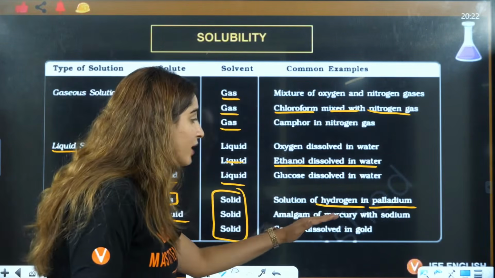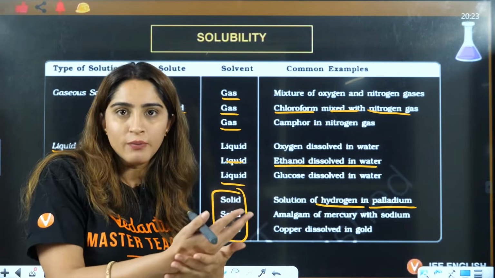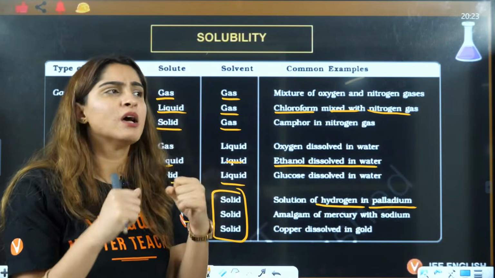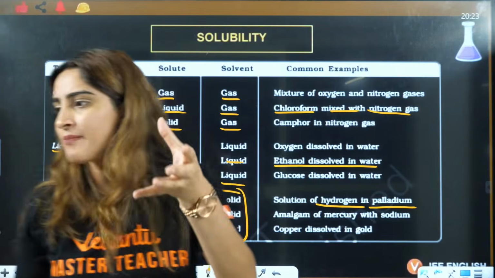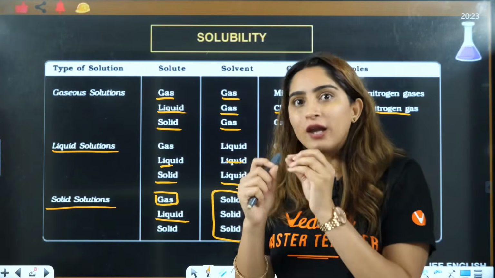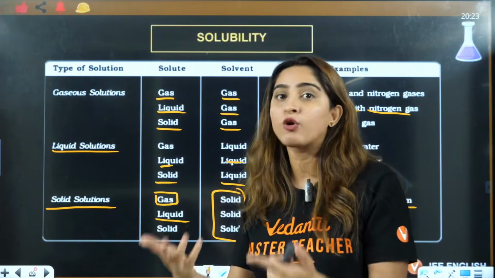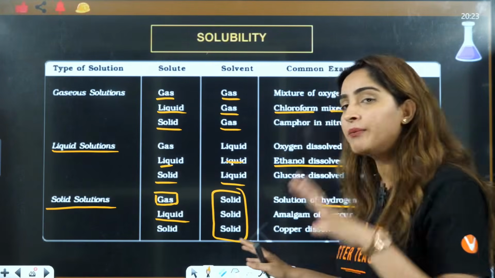So when you add this liquid to sodium, you have an amalgam. Can you tell me what is amalgam? This is basics of chemistry; whatever knowledge of chemistry you use in other sections of chemistry as well, that I'm also teaching you. Amalgam is a simple thing.